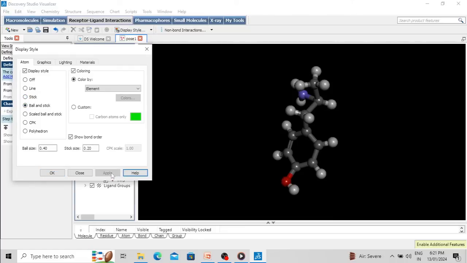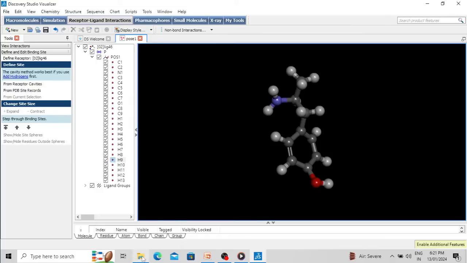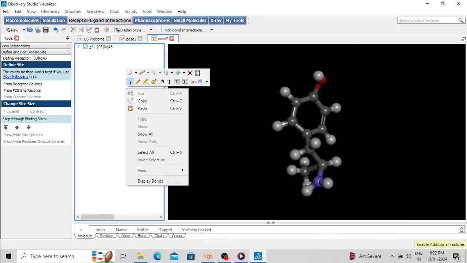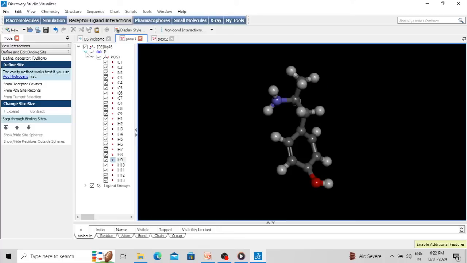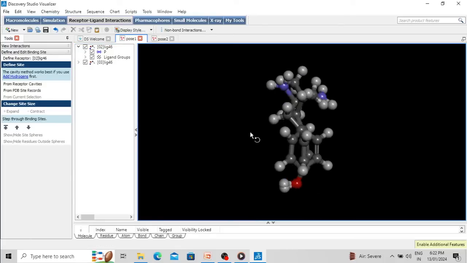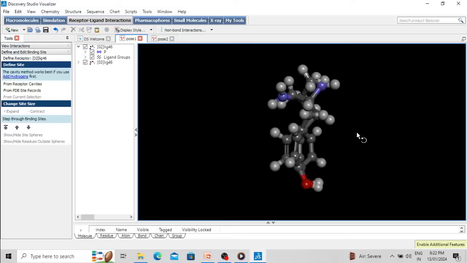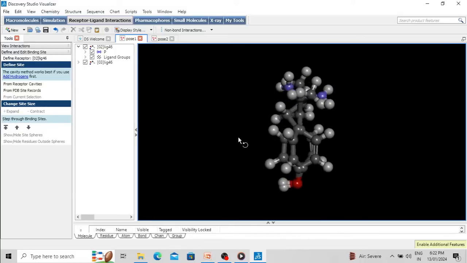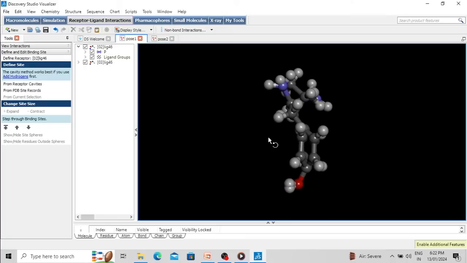Okay, I am opening the second pose. Now I am copying its coordinates and pasting it to the hierarchy of another pose. So now these two poses are present in the same visualization panel, and I am coloring the two poses in two different colors.